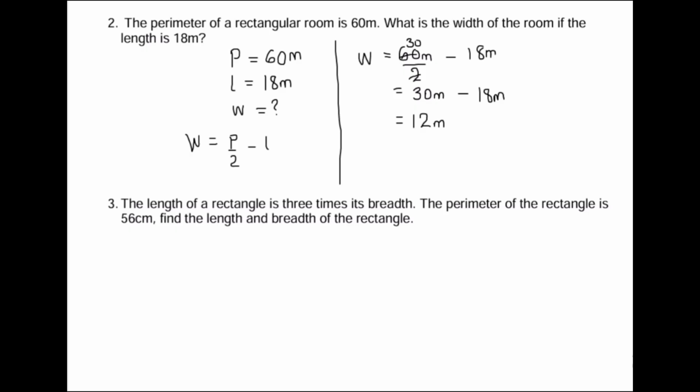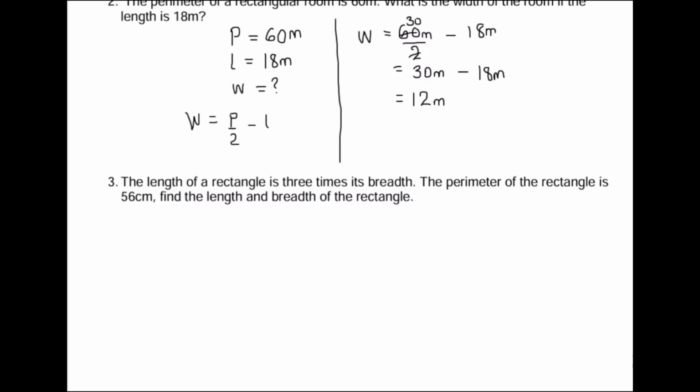Okay, let's go to the next question. The length of a rectangle is 3 times its breadth. The perimeter of the rectangle is 56. Find the length and breadth of the rectangle. So we're going to list what we have, the length. Do we know the length? For now, we don't know.